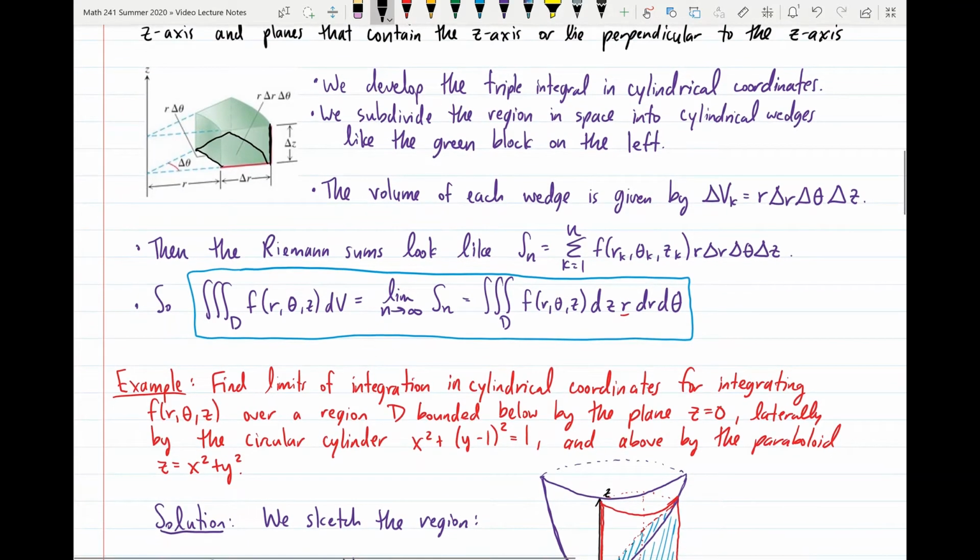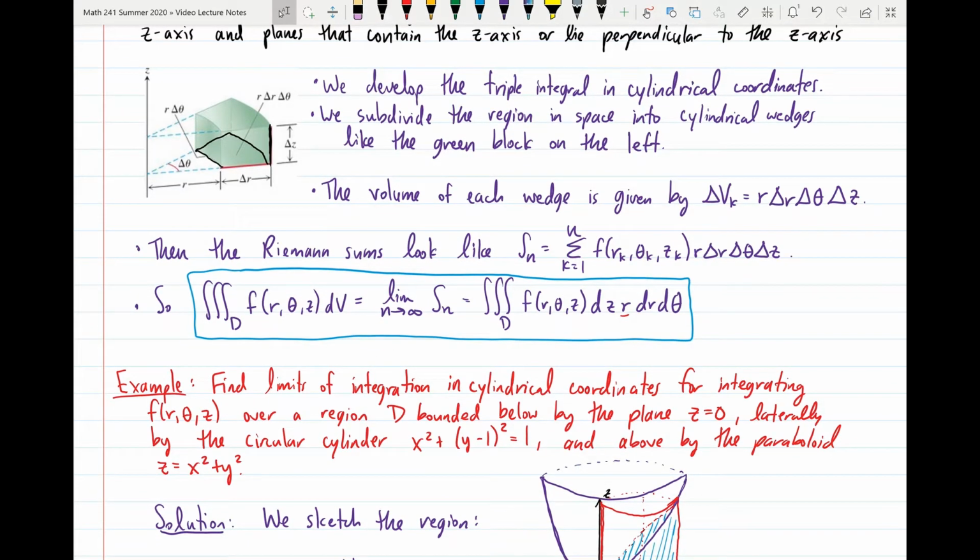And so the Riemann sums are going to look like S sub n is equal to the sum from k equals 1 to n of f of r sub k, theta sub k, z sub k, times r times delta theta times delta z.